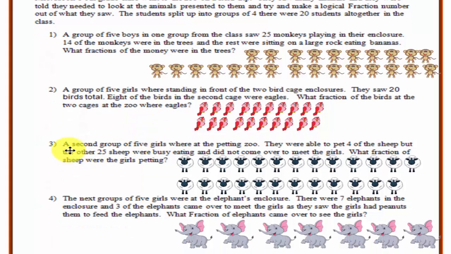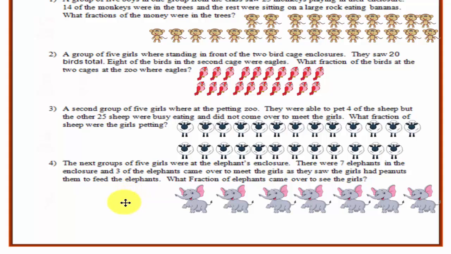Number 3. A second group of 5 girls were at the petting zoo. They were able to pet 4 of the sheep, but the other 25 sheep were busy eating and did not come over to meet the girls. What fraction of the sheep were the girls petting? Again, here are the sheep, and you probably want to put an X to illustrate that fraction.